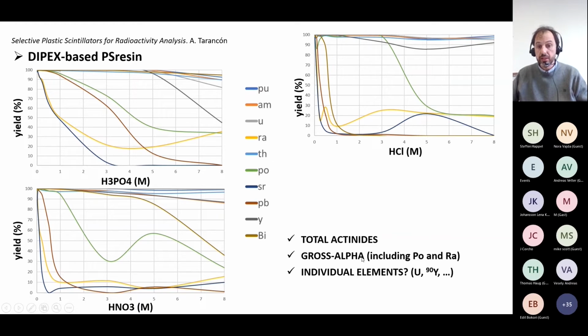What we have found is that at very low acid concentrations, it is possible to do a gross alpha analysis that includes also polonium and radium, and we are working on alpha beta discrimination on that to achieve the gross alpha parameter using this resin, but also individual elements, as for example yttrium-90 or uranium. We are evaluating different elution media to achieve this objective. So this is work in progress.